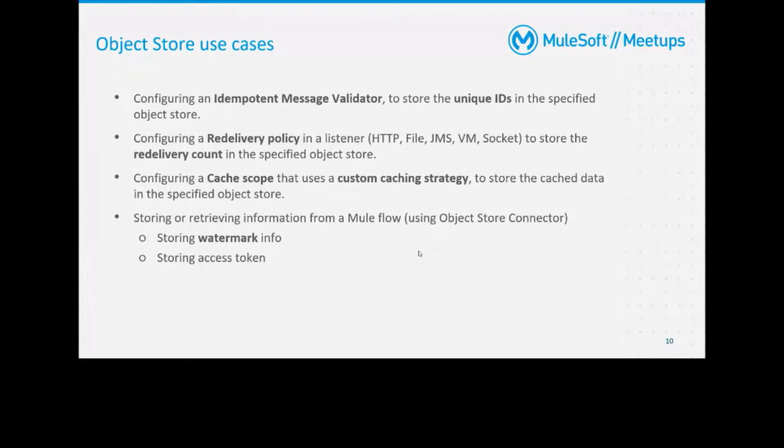Now, instead of hitting the URL and getting the access token each and every time before we hit the main URL, we can store this access token for that particular time and reuse it instead of doing more REST calls. So this is one way we can use it. And also the watermarking that we are going to see today, we can implement watermarking using object store. So these are a few use cases that I have mentioned here. Let's dive deeper.